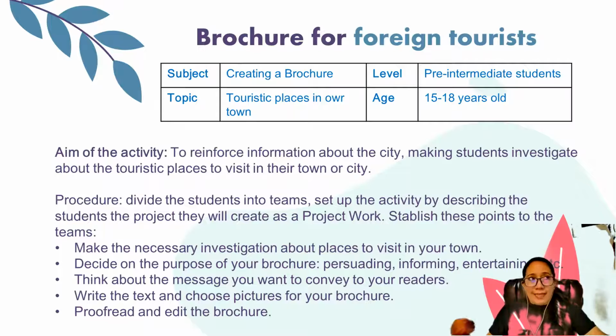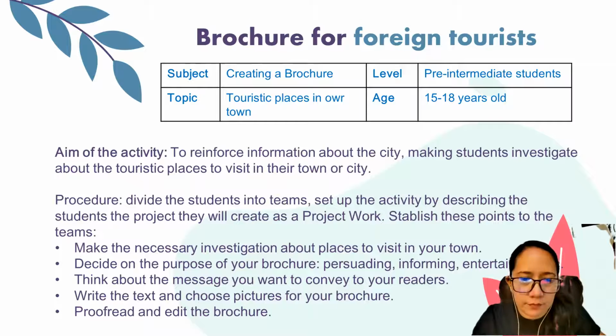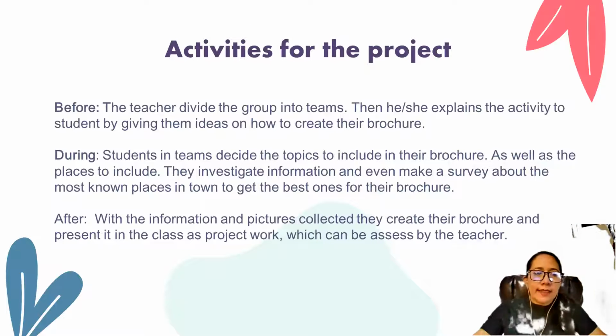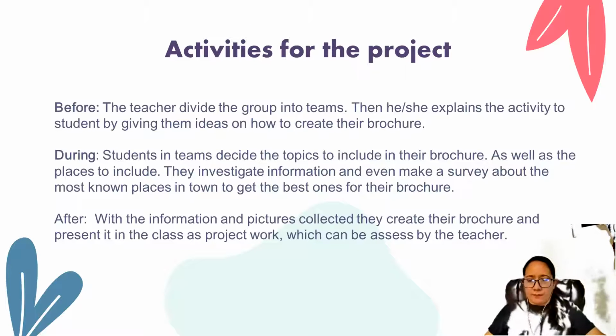They have at the end to proofread and to edit their own brochure, to make changes if they want, and also to improve their own brochure. The activities for the project might be: before they start doing the project, the teacher divides them into groups, into teams.